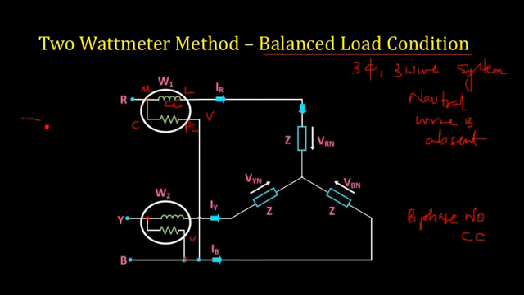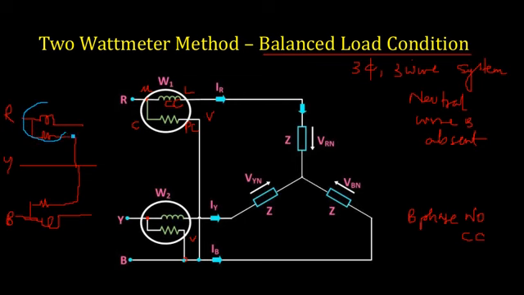This can be connected in another way also. So suppose this is your current coil. You have R, Y, B. So you have another current coil here. This is another way of connecting it. Okay, so this is one meter and this is the other meter.